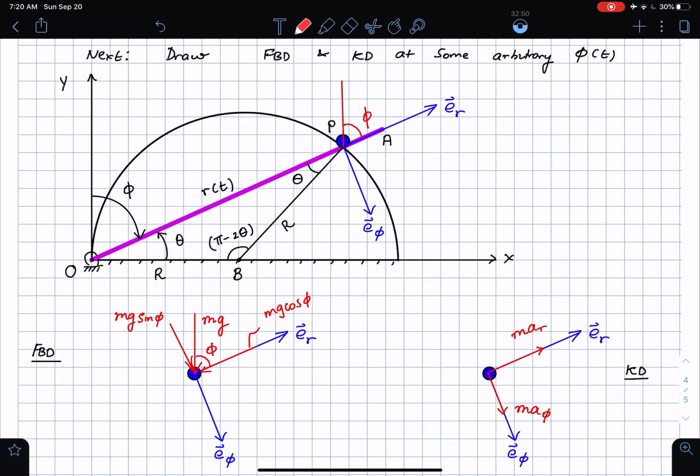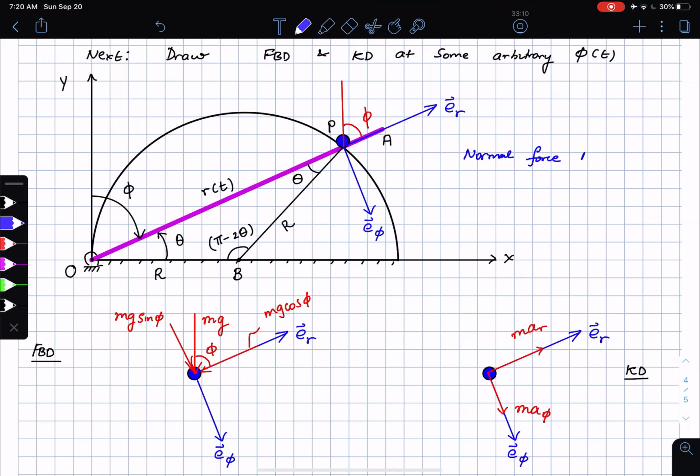What else do I have on this free body diagram? Important thing, I have a normal force acting on it. There is a normal force of contact between the surface and the particle. So there is a normal force N between the surface and the particle.